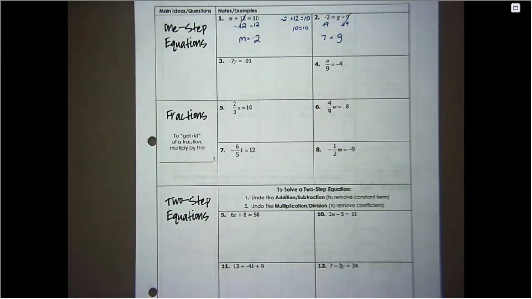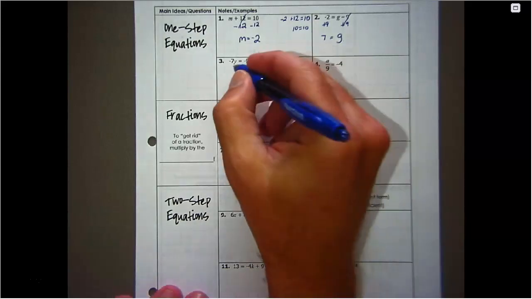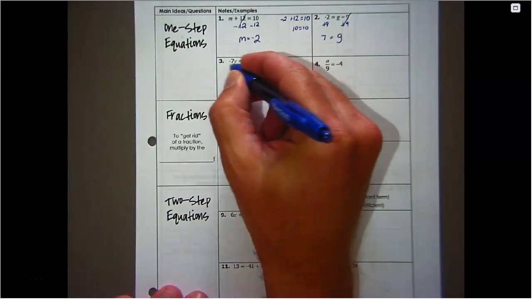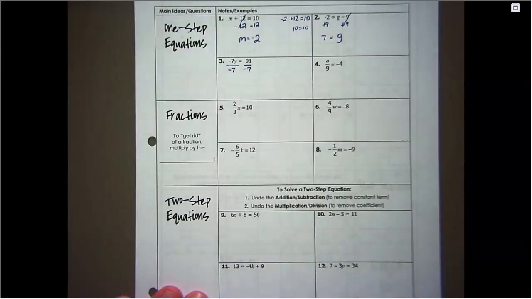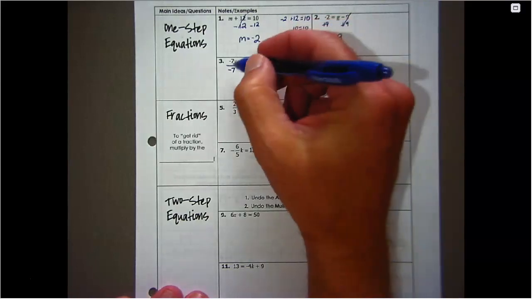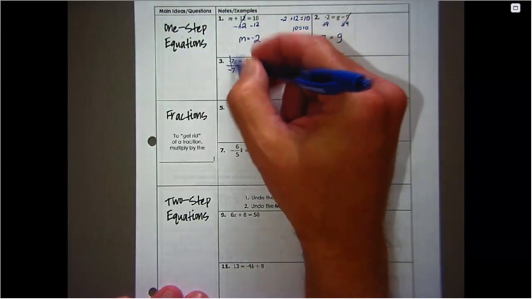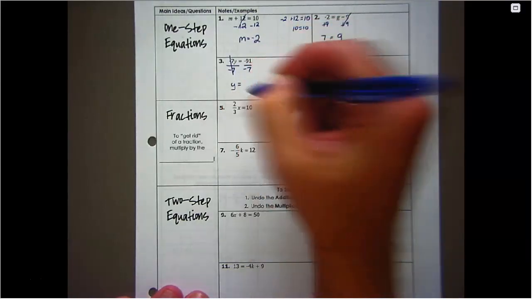Okay. In 3 and 4, we're dealing with multiplication and division. So again, this hopefully is just a refresher of getting that variable isolated. So we're taking -7 times y. So to undo that, we're going to divide by -7, and we're going to divide by -7. So -7 divided by -7 is going to cancel out, and we're going to have y.